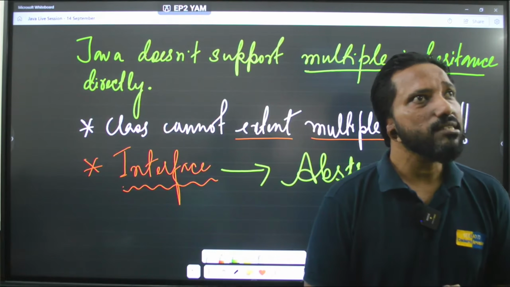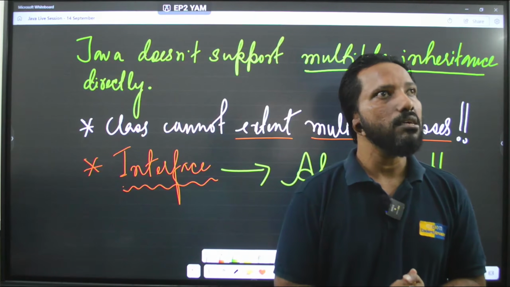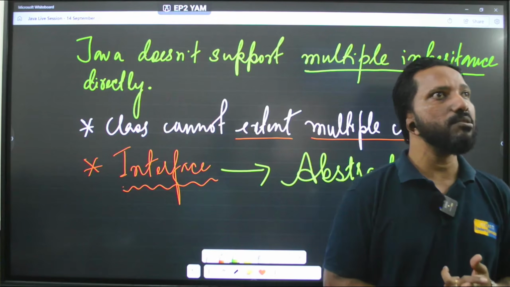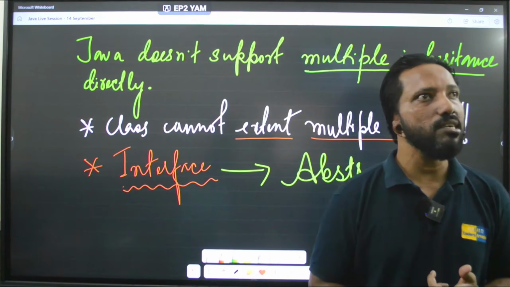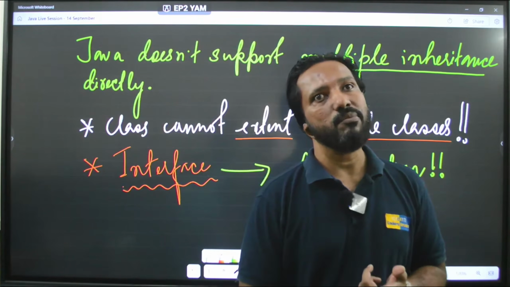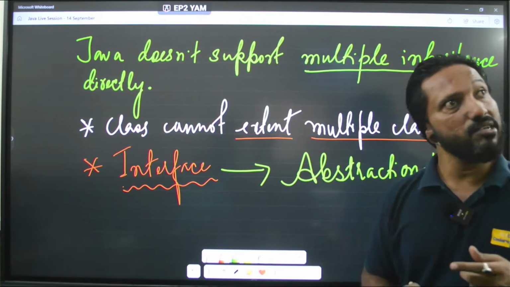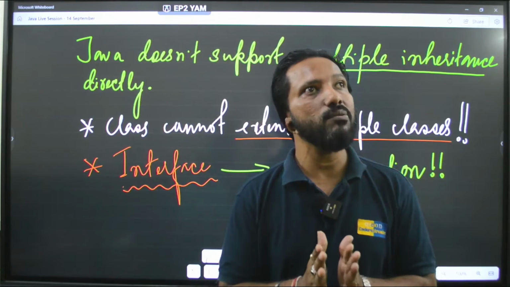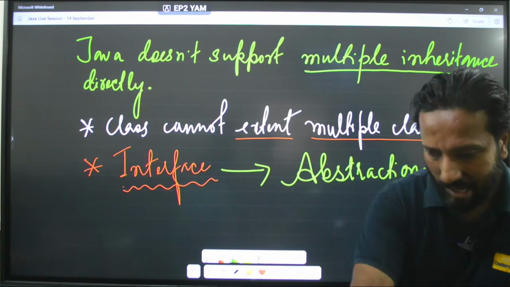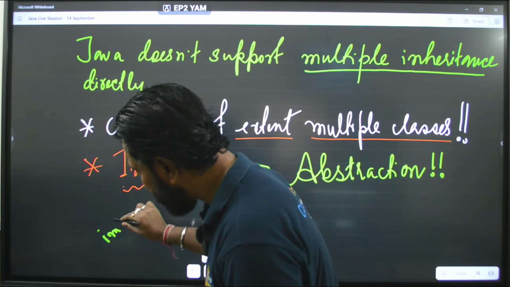We can extend only one class but can implement many. Exactly, Hola MK says we can extend only one class but implement many. Yeah, absolutely. Because implementing is done only for interfaces. Here we write the implements keyword.